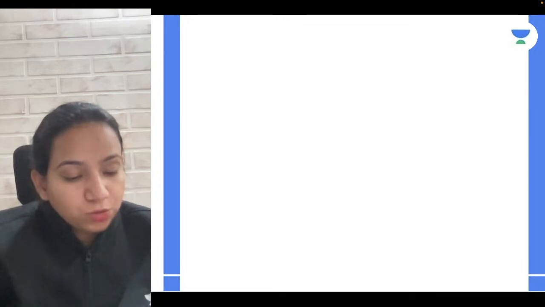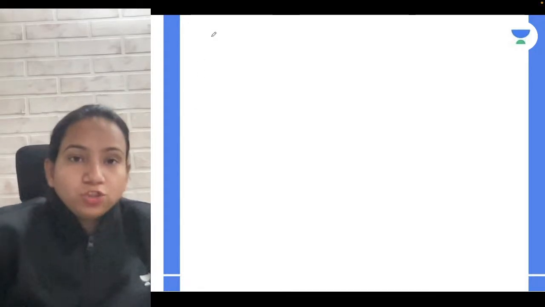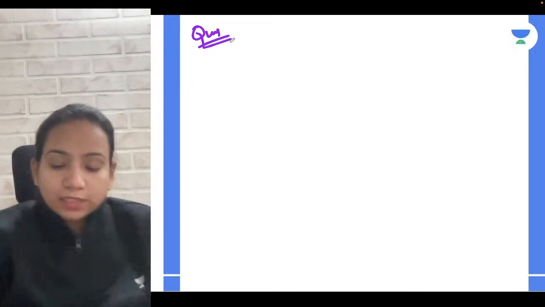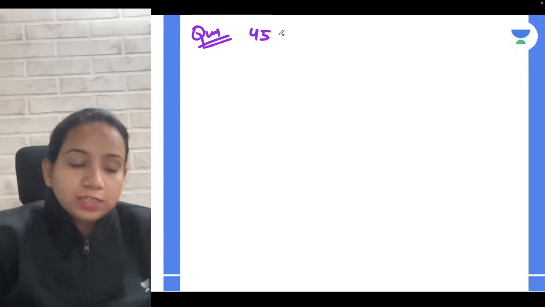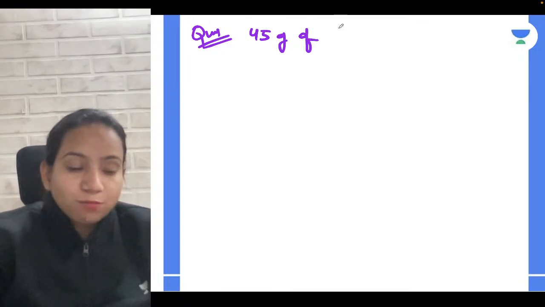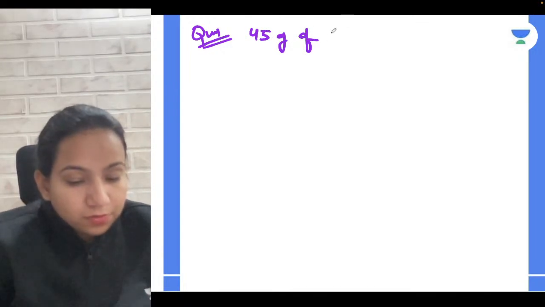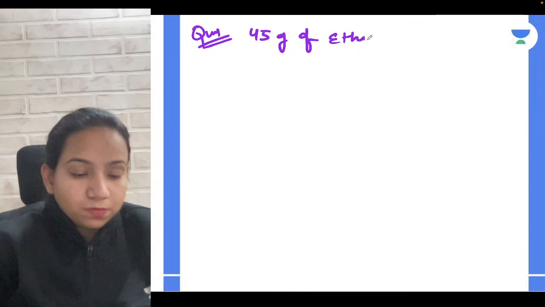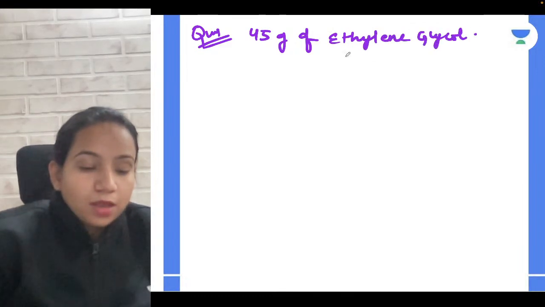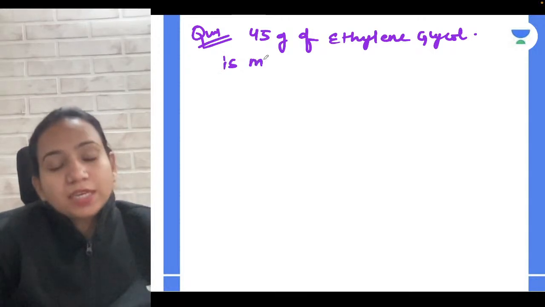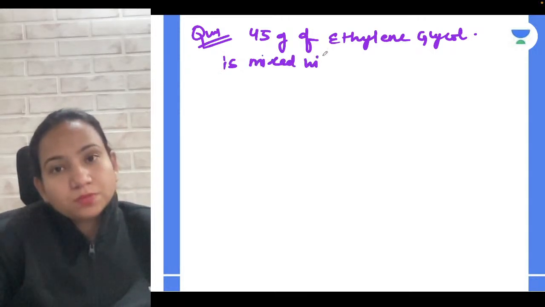This is a very important question asked in CBSE, ISE, and competitive exams, also NEET exams. The question is: 45 gram of ethylene glycol is mixed with 600 gram of water.